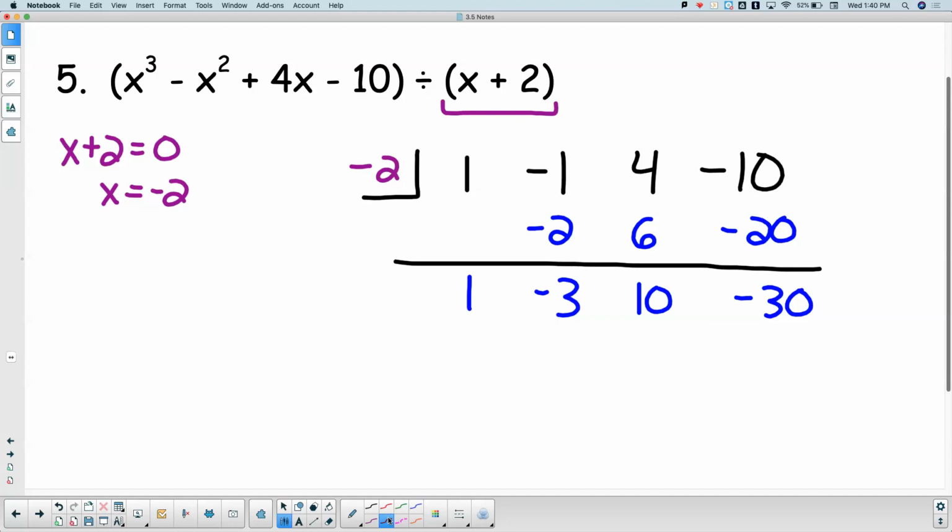So 1x cubed. Nope. Caleb? It's x squared plus 3x plus 10, and then it's negative 30 over x plus 2. Missing something though.